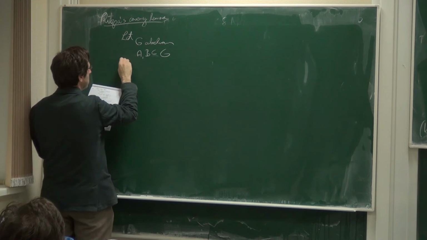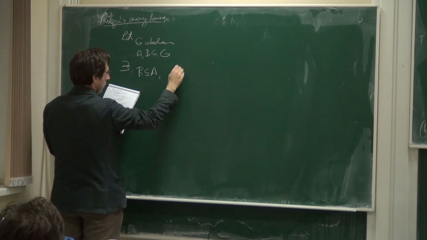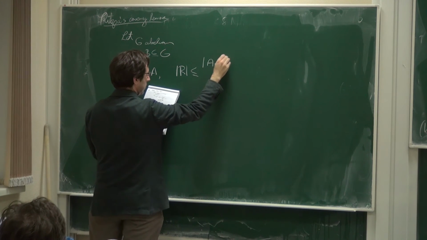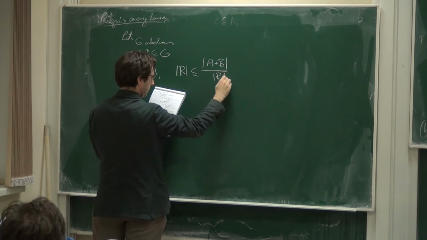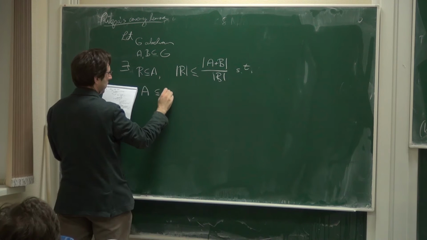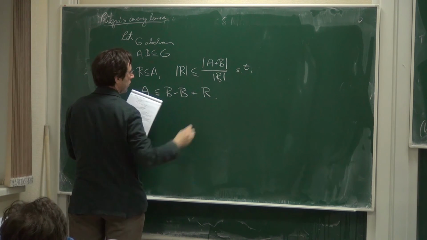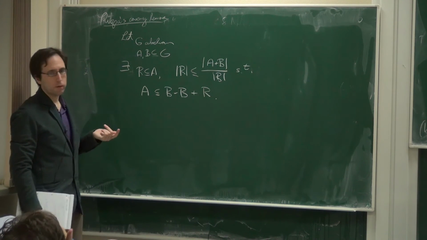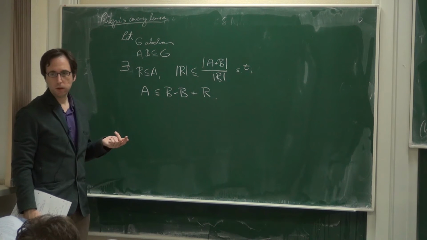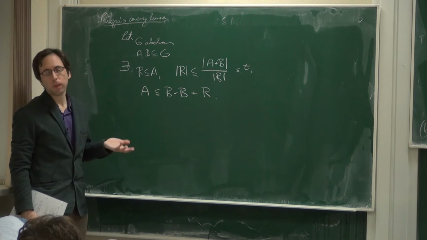For A and B in G, there is always an R in A of size at most |A+B|/|B|, such that A is contained in the translates of B minus B plus R. So this tells you that if you have a set B such that A plus B is not much larger than B, then A is contained in few translates of B minus B.